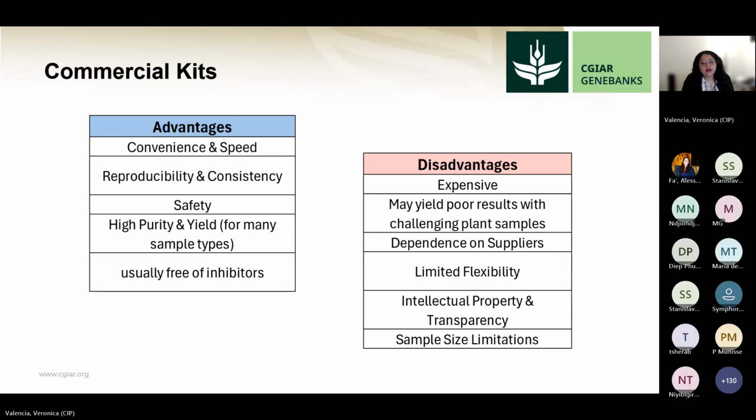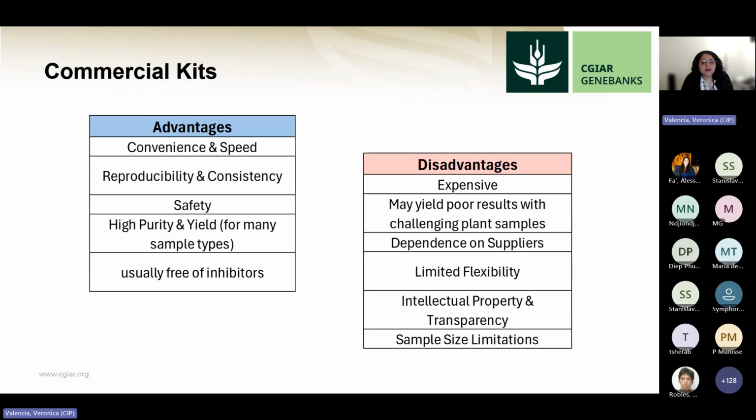It produces high quality, highly pure DNA, right? And it's usually free of inhibitors, so it's ready to use for sequencing. And many companies recommend that you use a commercial kit for some sequencing platforms. The great disadvantage is that it's quite expensive and may produce poor results with challenging blood samples.